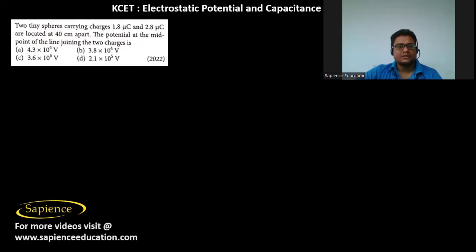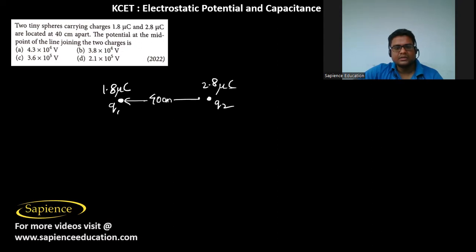Then here it is told two tiny spheres carrying charges 1.8 microcoulomb and 2.8 microcoulomb, Q1 and Q2. They are located at a distance of 40 centimeter apart.